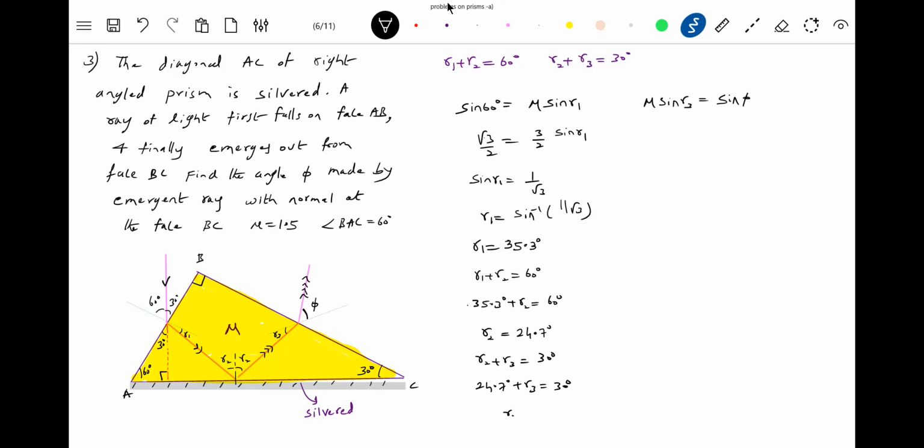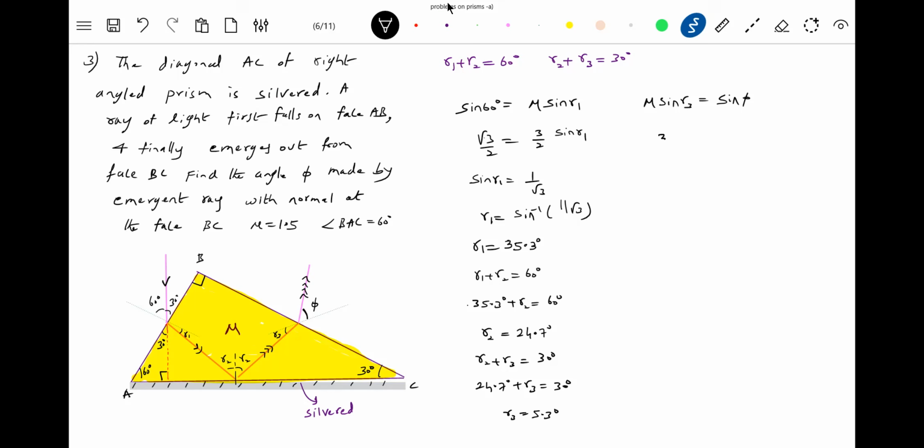We'll get R3 as 30 minus 24.7, that is 5.3 degrees. This value I'll substitute here.